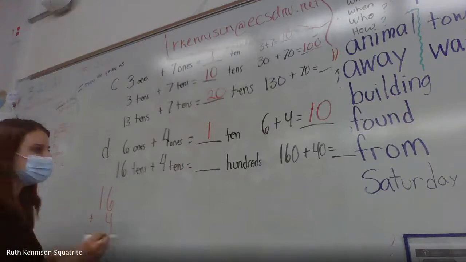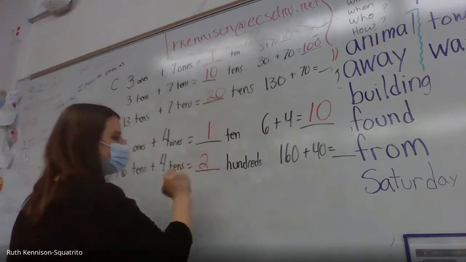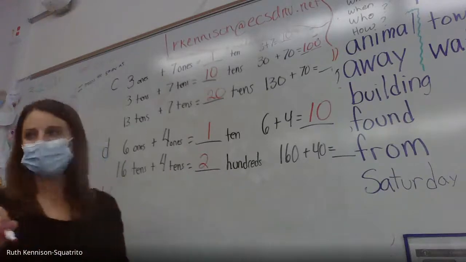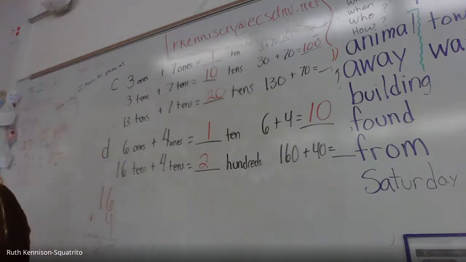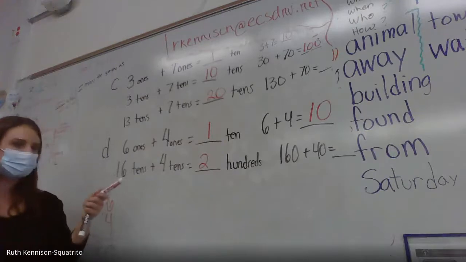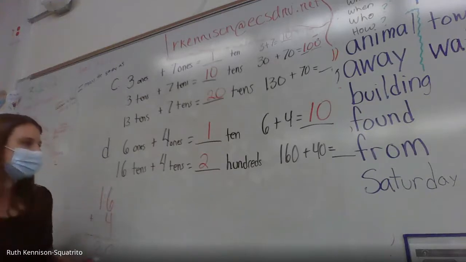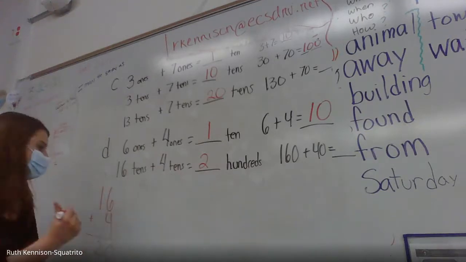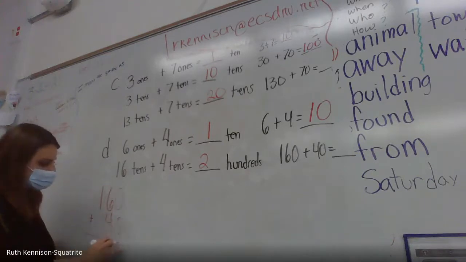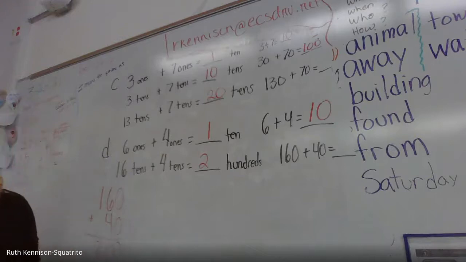And now I have 20, which is 2 hundreds. One group of 10 is 100, so 2 groups of 10 would be 200. Because when I actually make this, the 160 plus 40, it equals 200. Right?